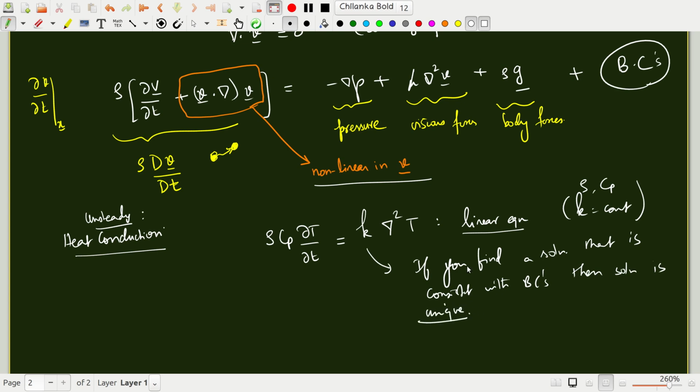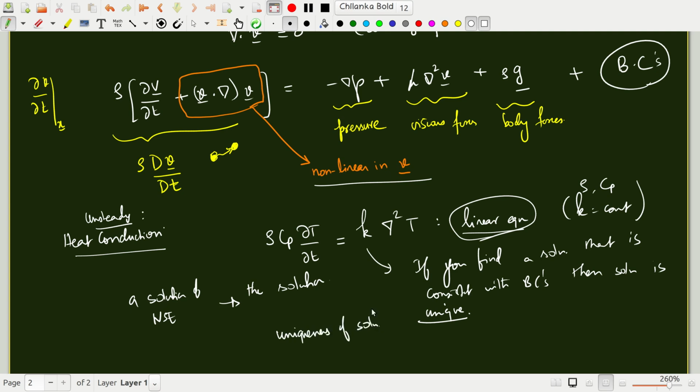In other words, if you find a solution of the heat conduction equation, it is the solution. There are no other solutions. This happens because in linear equations you can show that if a solution exists, it is unique. This is called uniqueness of solutions.